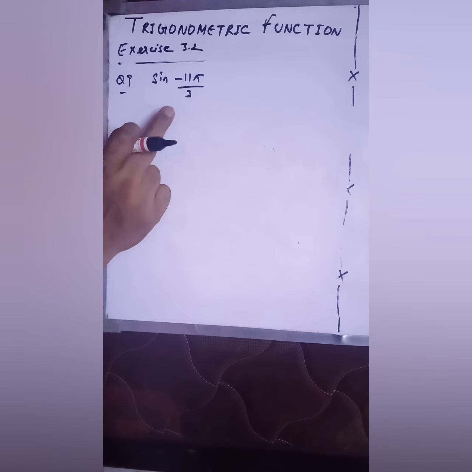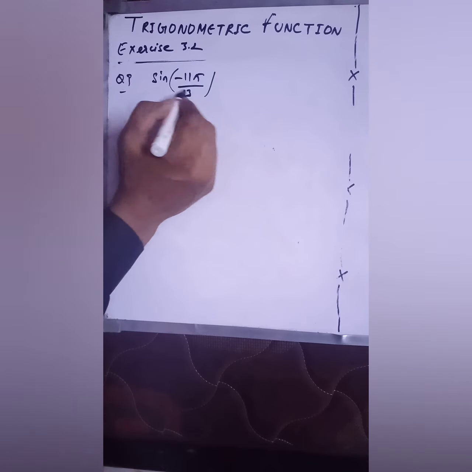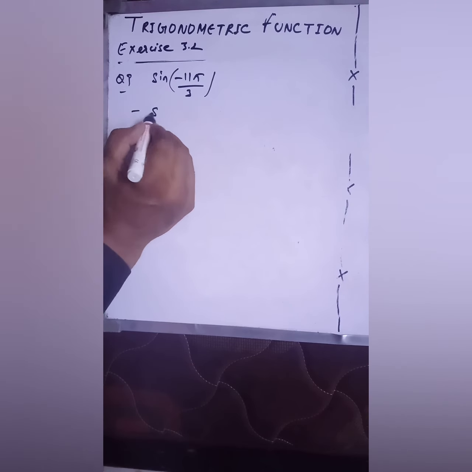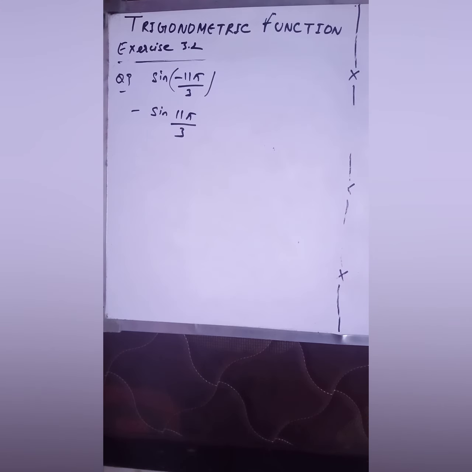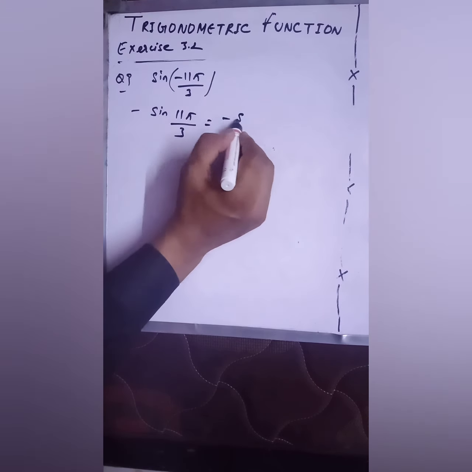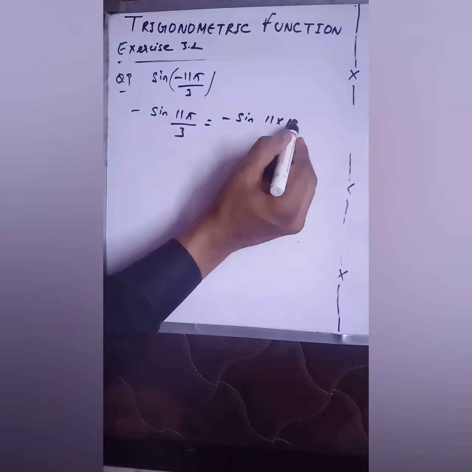Here we have another question of the same exercise. So I'm solving this question. This negative sign is coming in the angle of sine, so the negative sign will come outside. It will give you 11 pi by 3. In place of pi I am putting 180.